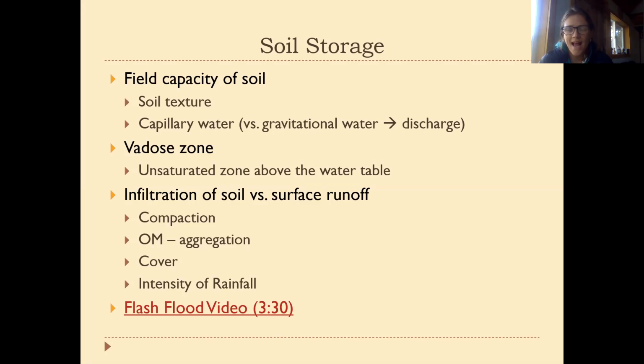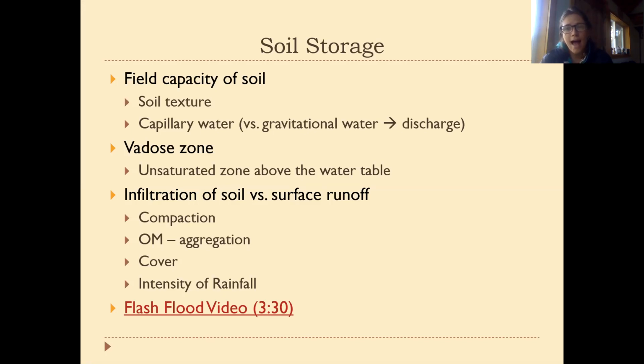And so that water might end up as discharge instead of soil storage, right? Surface runoff instead of soil storage. And this is basically what happens when we have a flash flood. We might have a high intensity of rain falling over a wide area of a watershed all at once.